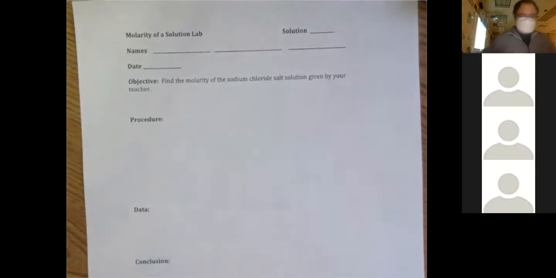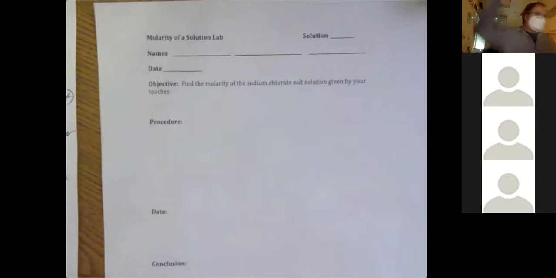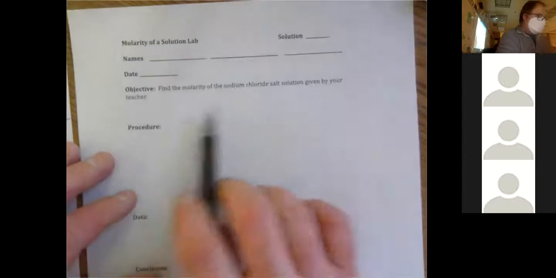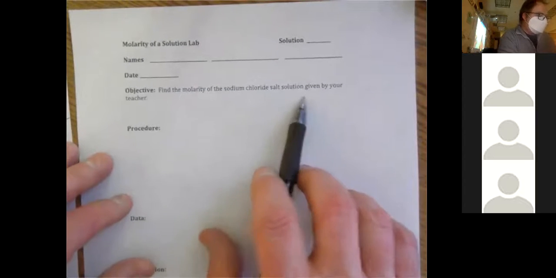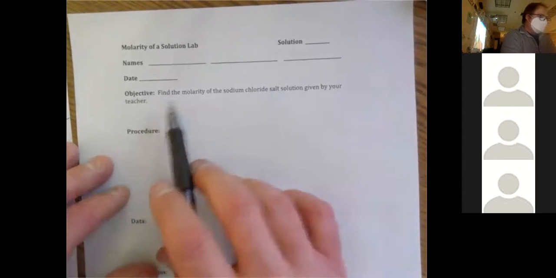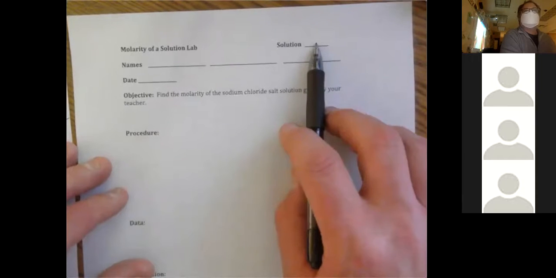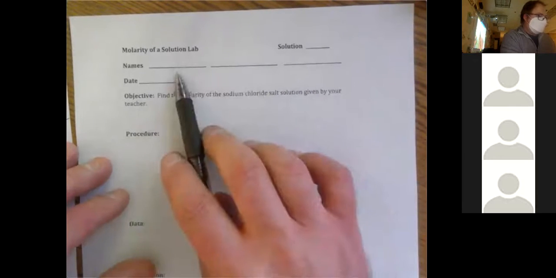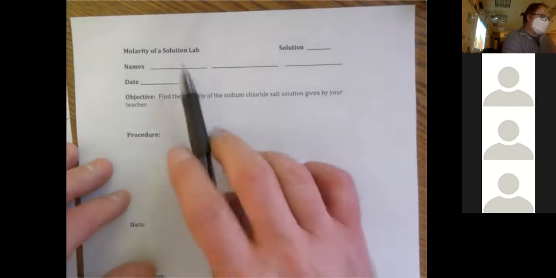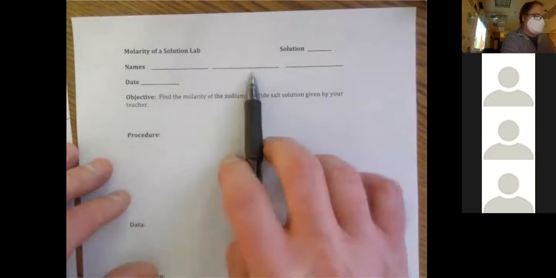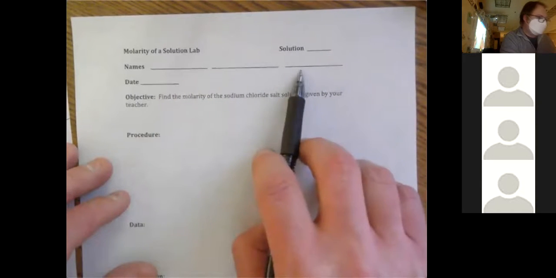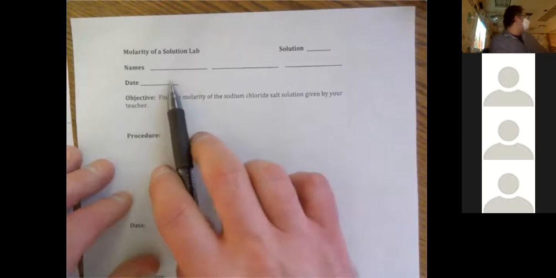All right, so let's take a look. You want to find the molarity of a sodium chloride salt solution given by your teacher. So each student will get a different solution. Each in-person student will have other virtual students with them. We will do this tomorrow.